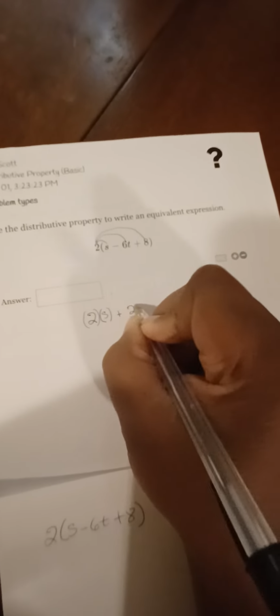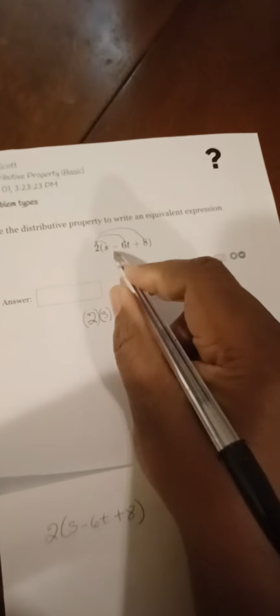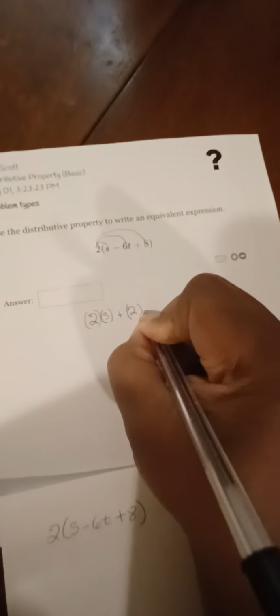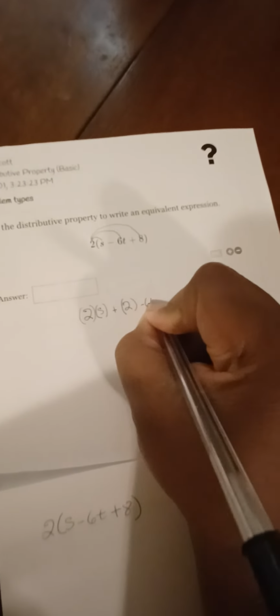I'm going to show you two ways you could do this. So now I have my 2, then I'm going to multiply by s. Then I'm going to add my 2 multiplied by my minus 6t.